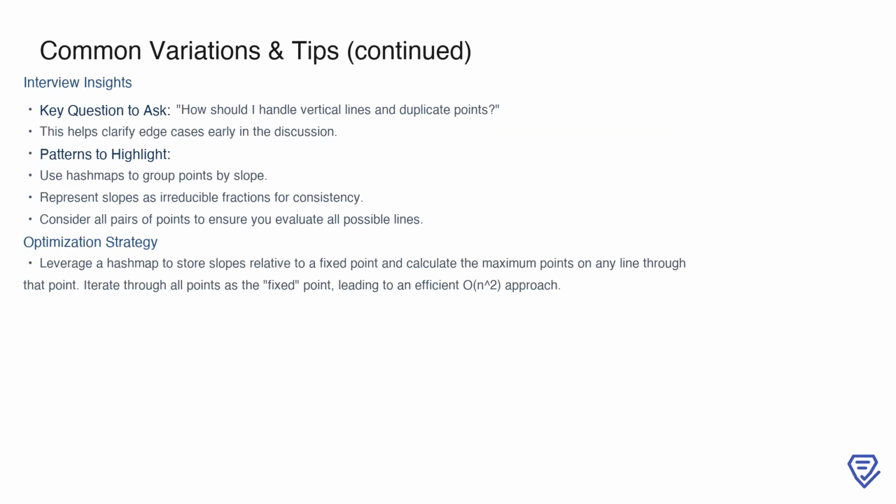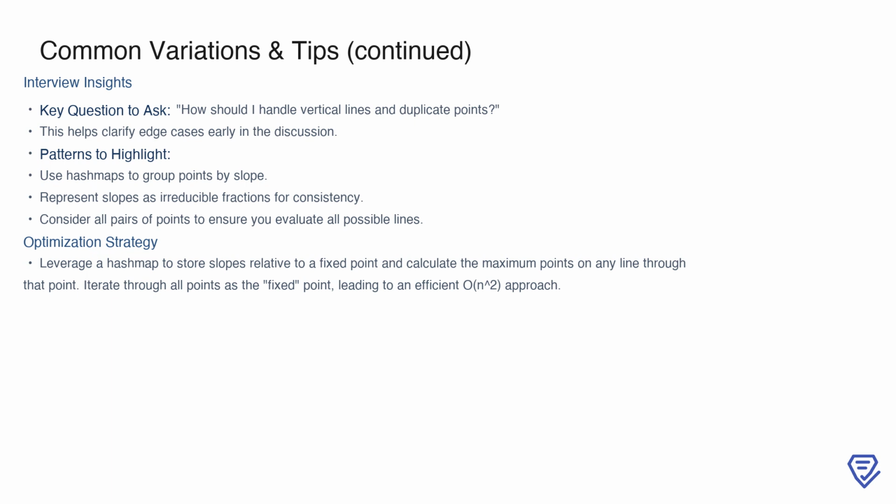When tackling this problem in an interview setting, there are a few key strategies to keep in mind. Start by asking clarifying questions, such as, how should I handle vertical lines and duplicate points? This ensures you're aligned with the expected handling of edge cases from the beginning. As you work through the solution, highlight patterns like using hash maps to group points by slope and representing slopes as irreducible fractions for consistency.